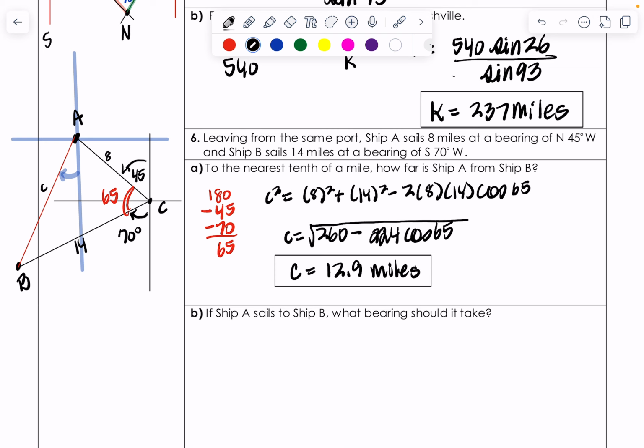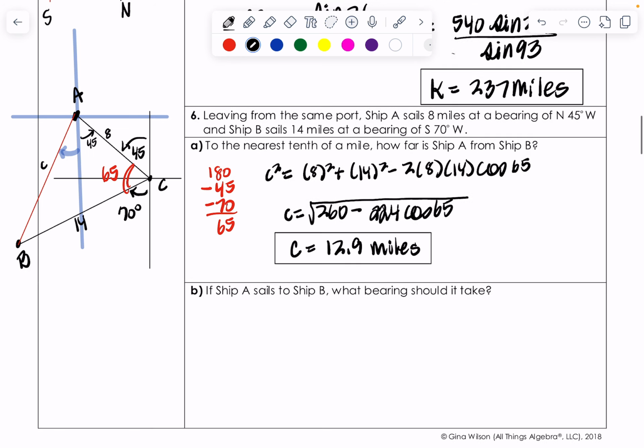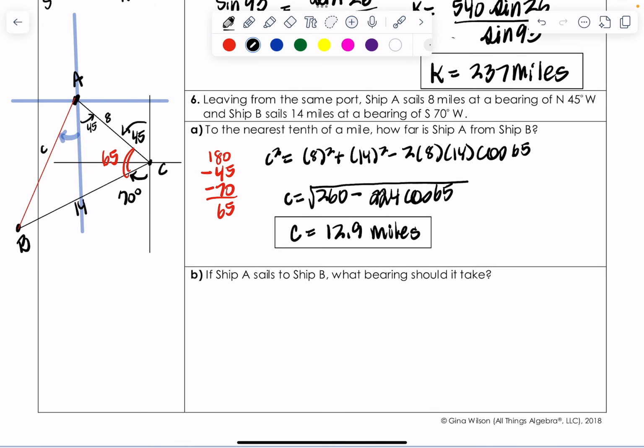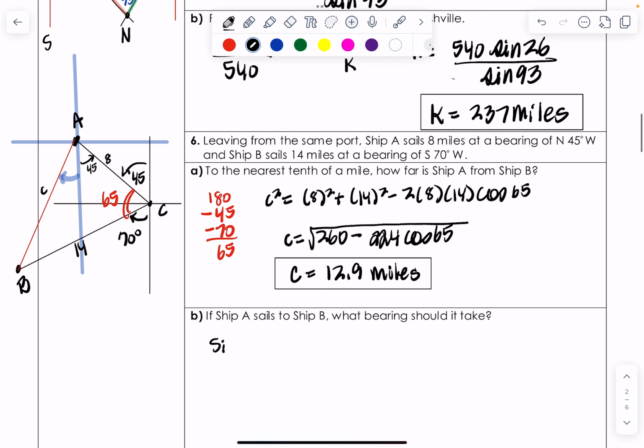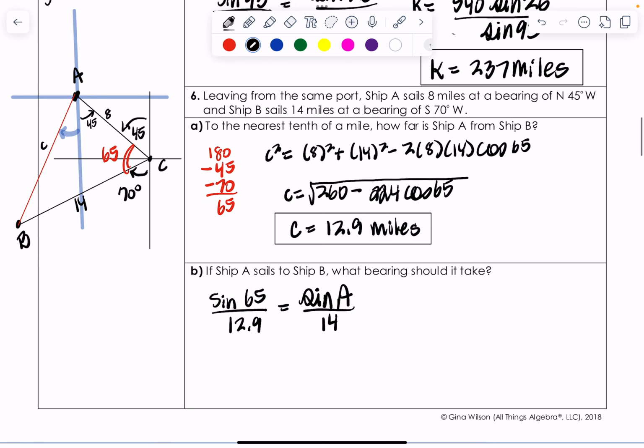If I find out what A is, maybe that would help us. Yeah, because I know this one's going to be right here. Oh, I'm on eraser. Sorry, guys. I know this one is 45. So if I can find angle A, I can subtract 45 and find it. So let's do that. Let's see, this would be sine of 65 over 12.9. That's what we just found. Then we have sine of A over the distance of A, 14.